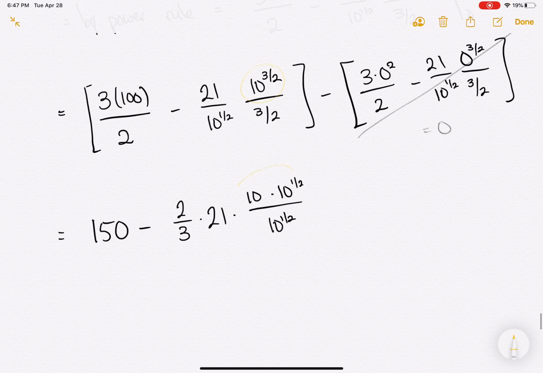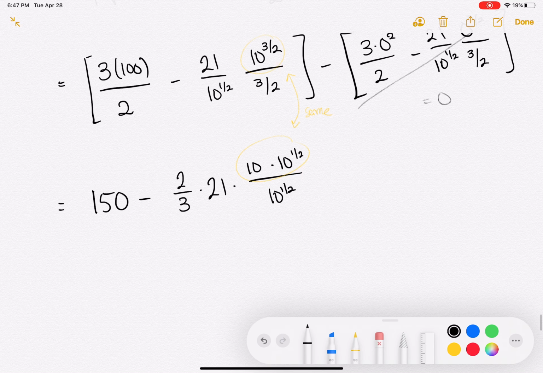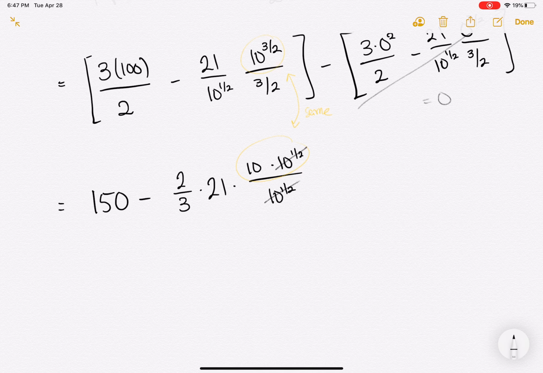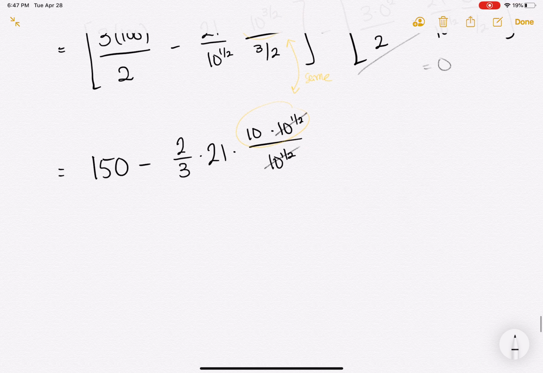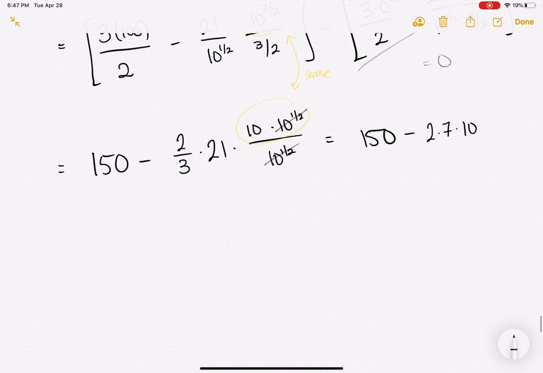These are the same by exponent rules, and then those 10 to the 1/2 cancel, and so we get 150 minus, I guess 1/3 of 21 is 7, so 2 times 7 times 10 is 140. 150 minus 140 is 10 grams of poop.